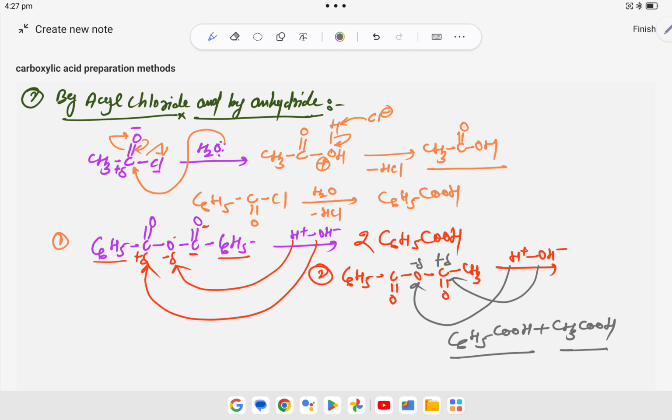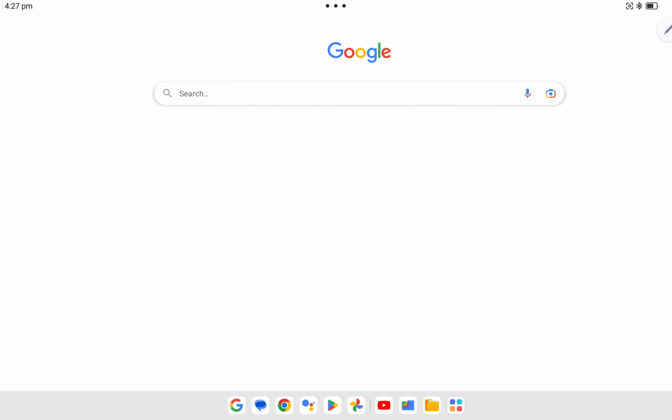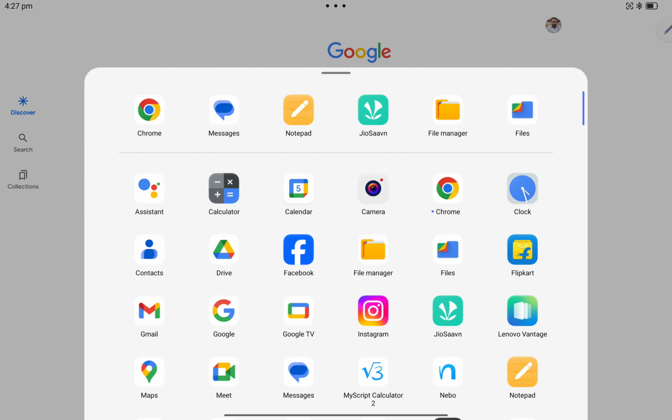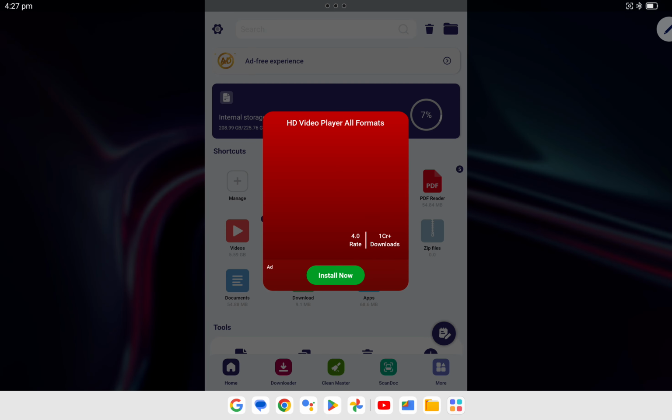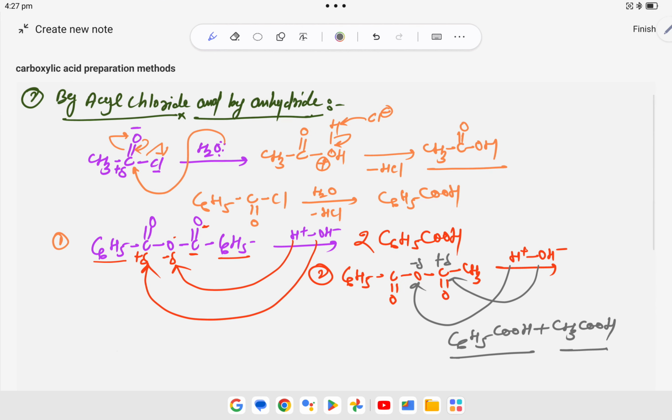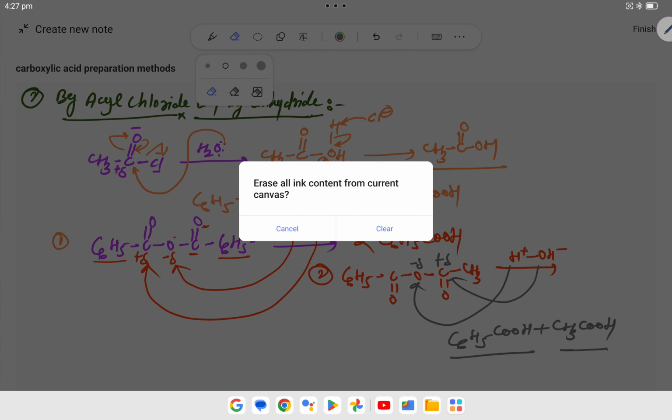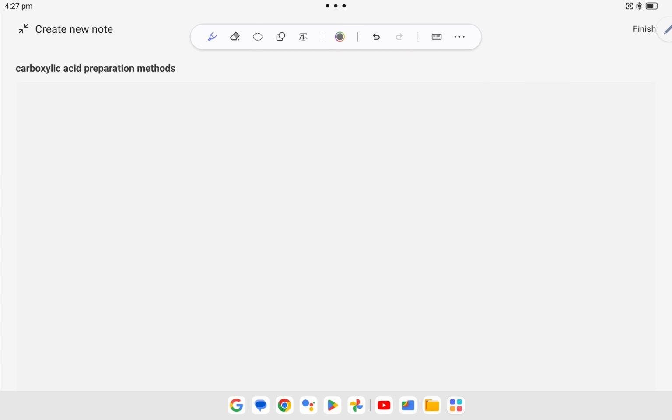In that case, only the last method is pending. Okay, children, what is the last method? From ester. Okay, again the same process, hydrolysis.